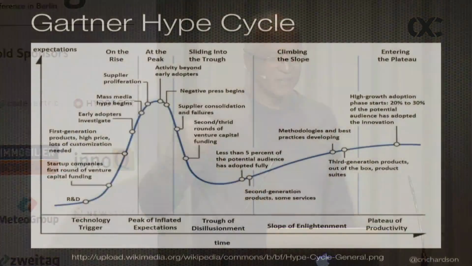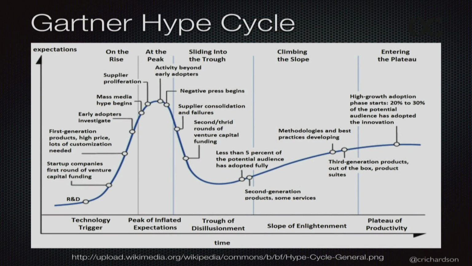Not only that, if you look at how technology gets adopted, it all tends to follow this kind of hype cycle. New technology comes out, there's increasing hype around it, and people believe that it's incredibly awesome technology that's going to solve all known problems, world hunger, and so on.